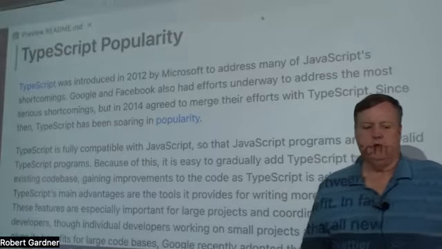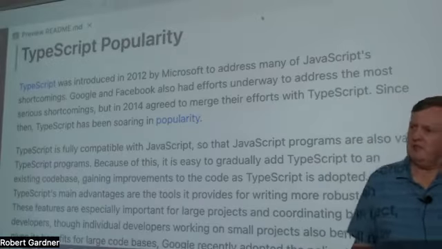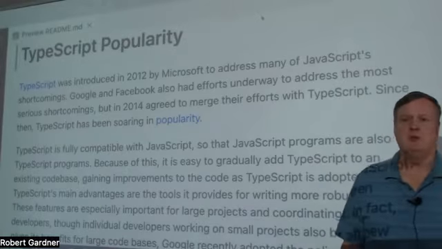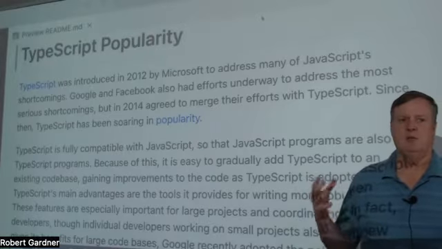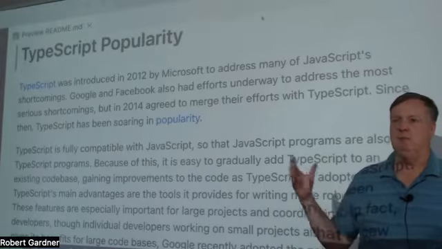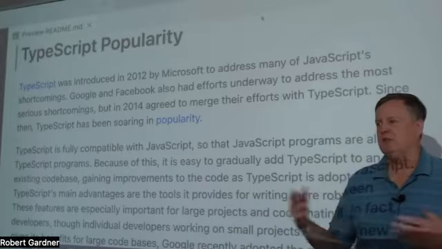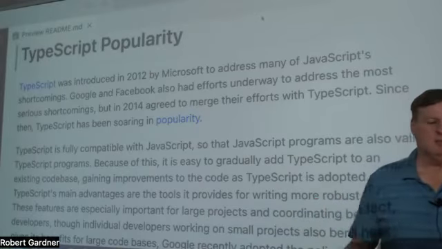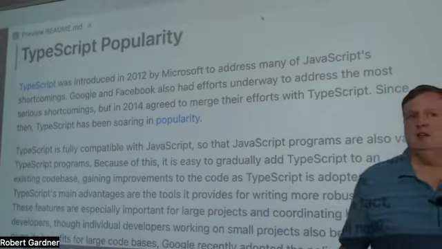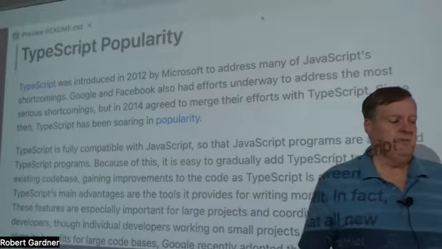That's the main value that TypeScript provides: this ability to describe all your types in JavaScript and make sure that as you're calling functions and passing variables around, the types match up and you're making correct calls.